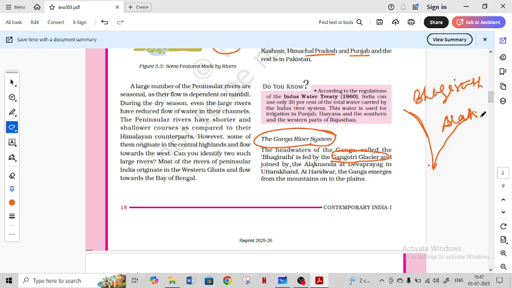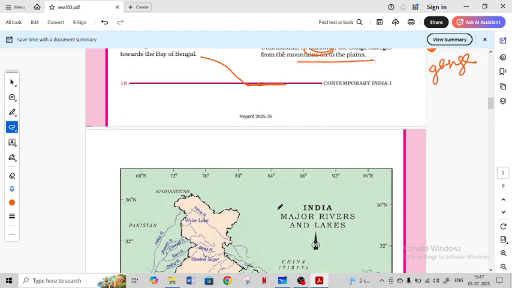Sorry, my cursor is not working today somehow. They meet to form the Ganga at Devaprayag. At Haridwar, the Ganga emerges from the mountains to the plains. It's a very sacred place for any religious individual.